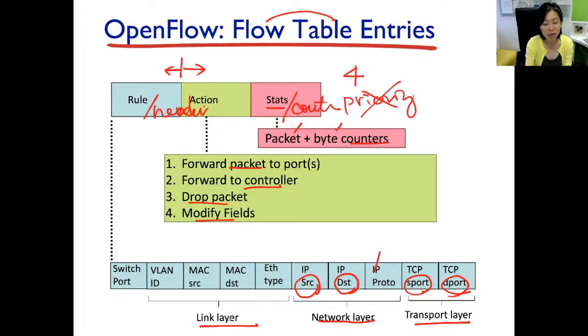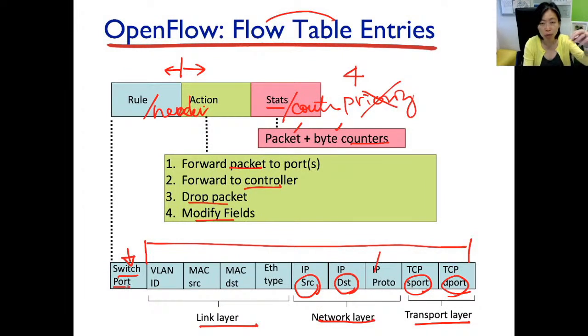What's even more amusing is this. These are all fields in the packet headers. One can also use fields that are outside of the packet headers. This is called the switch port. What this means is the packets coming into the router through a particular incoming port. So that's what the switch port meant, the incoming port, the incoming interface.